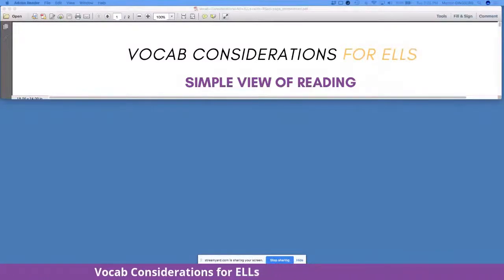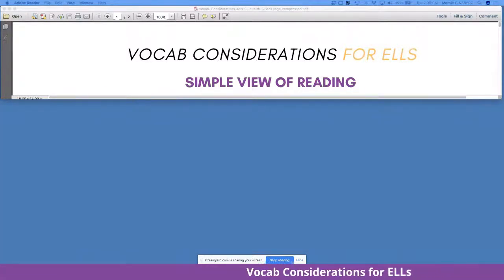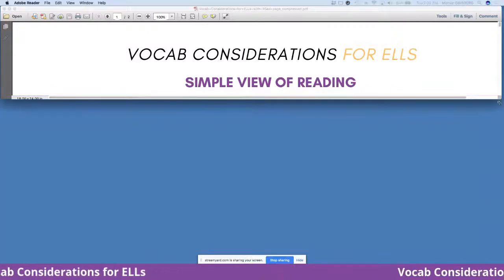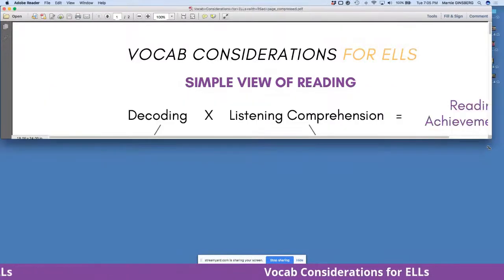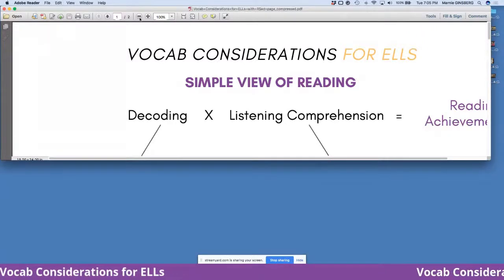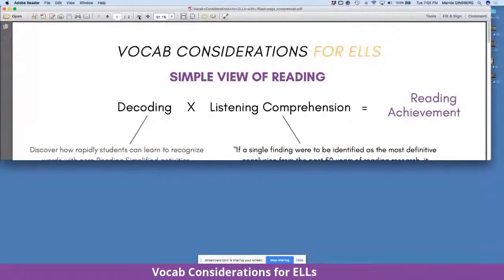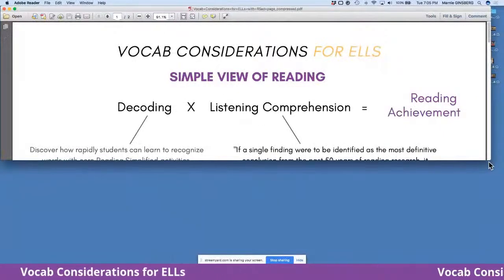Okay, great. And this is a very, very well documented theory of research that says that really to be able to be good at reading, it boils down to just two simple things. It's not as complicated as we thought, or at least we need to think about it in terms of these two major domains.